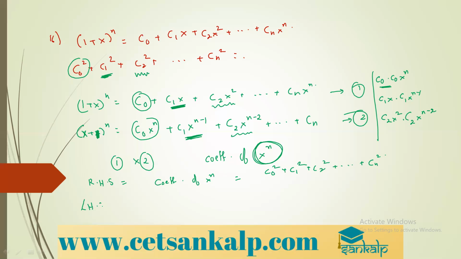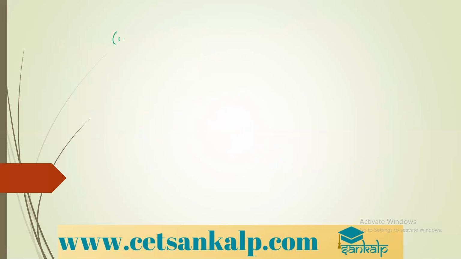Only thing is, on the left side I have to find coefficient of x power n in 1 plus x whole power n times x plus 1 whole power n. That means I will write 1 plus x whole power n, again 1 plus x whole power n, that is 1 plus x whole power 2n. So here the power n is 2n.